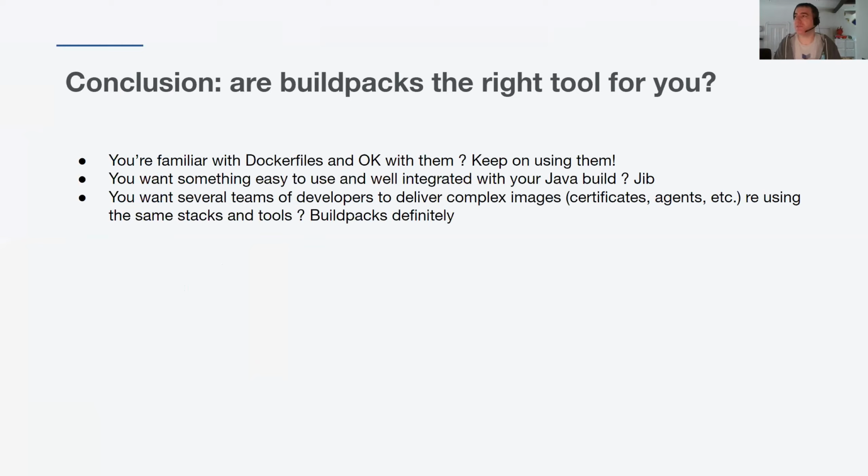That's definitely the simplest, fastest option. Now, if you have several teams of developers to deliver complex images with certificates, agents, and you've got different stacks and tools involved, you've got some Node.js project, Python, Java, and so on and so forth, then yes, I think Buildpacks are definitely solving this problem, because you can define a builder for your company or just piggyback on Paketo and then cover all the different use cases.